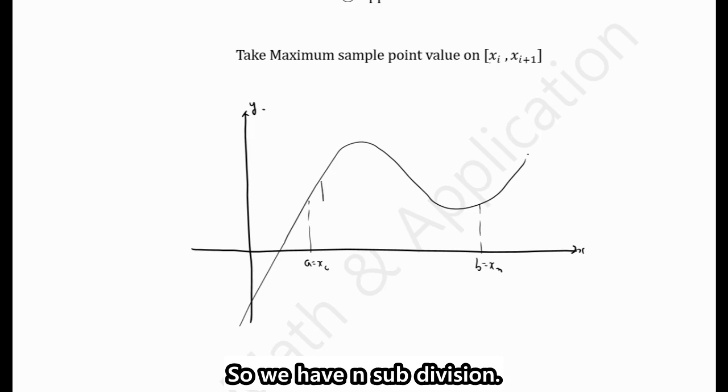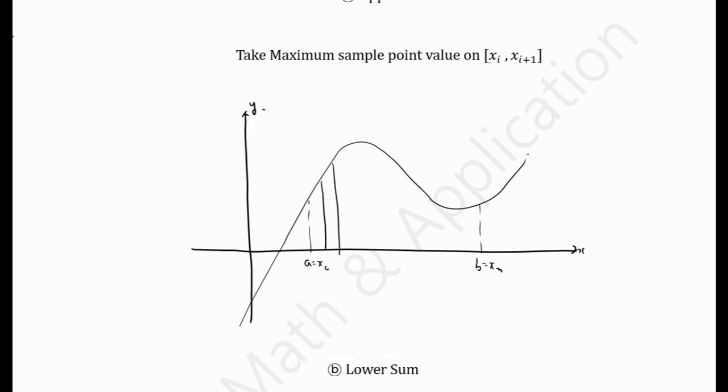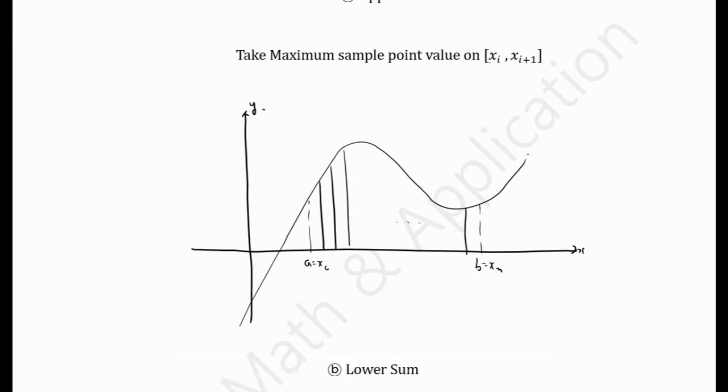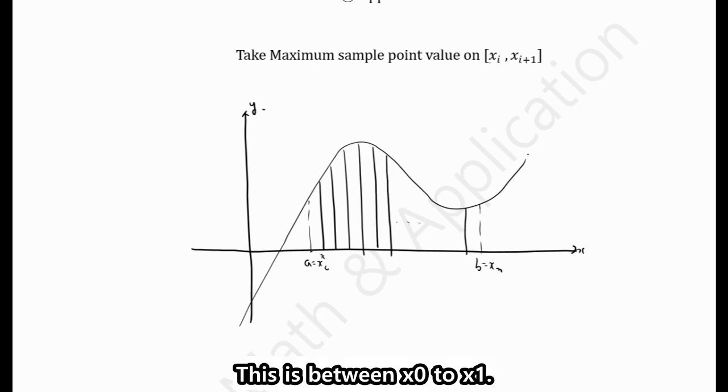So we have n subdivisions. What is x1? These are the n subdivisions, and the base length is the same, delta x. This is between x0 and x1.